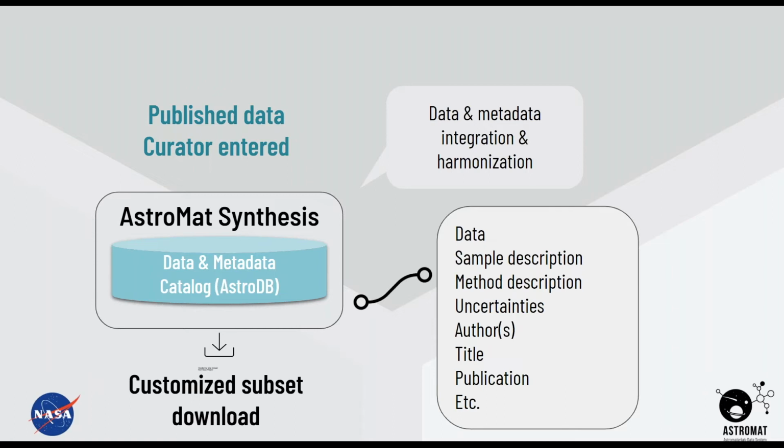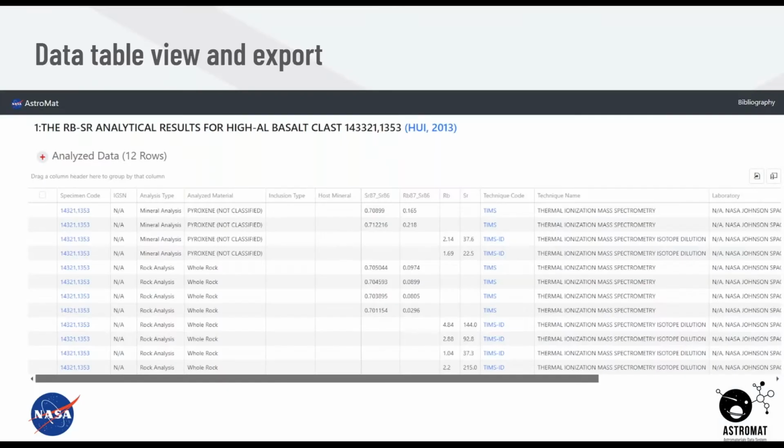This graph is showing how the AstroMat synthesis combines the data and the metadata catalog to form AstroDB, and you can customize your download into the types of data that you want to see. And we'll show on the next slide what that looks like. So this is an example of a data table view and export.